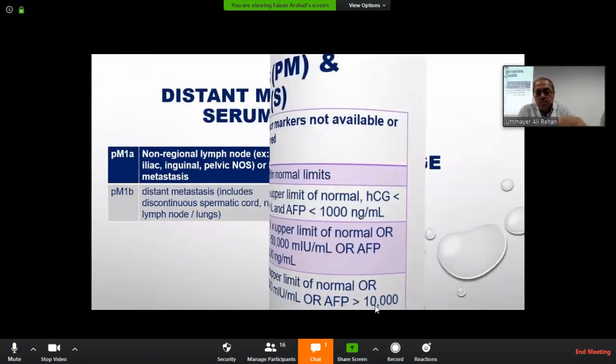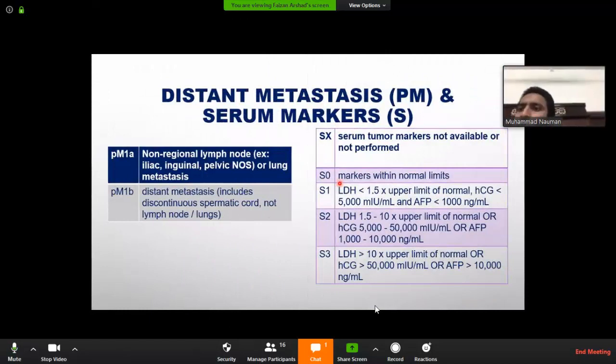You see, for any tumor in the body, we have a tumor staging process known as TNM classification, whether it is for prostate, bladder, or kidney, if you talk about urology. But this is a special kind of tumor. Here, this is not only TNM classification, there is TNM-S classification.